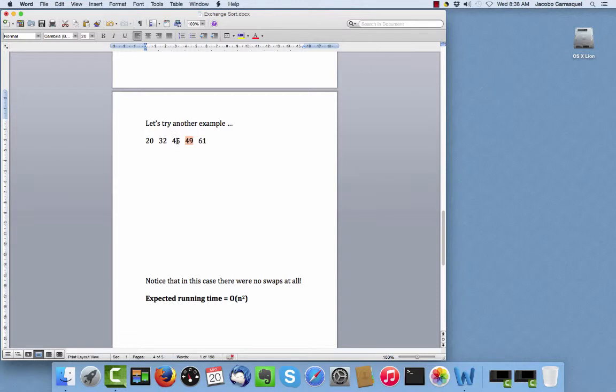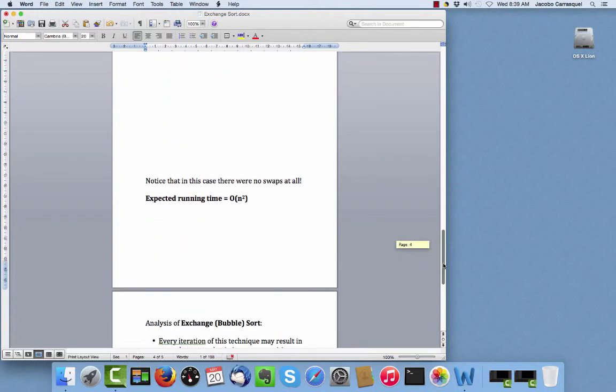It's going to do it a third time, and a fourth time. In other words, it doesn't matter what the state of the data is in the exchange or bubble sort, we are going to require the same number of passes, which is n-1, and the same number of comparisons. So even when we didn't perform any swaps, the expected running time remains the same.